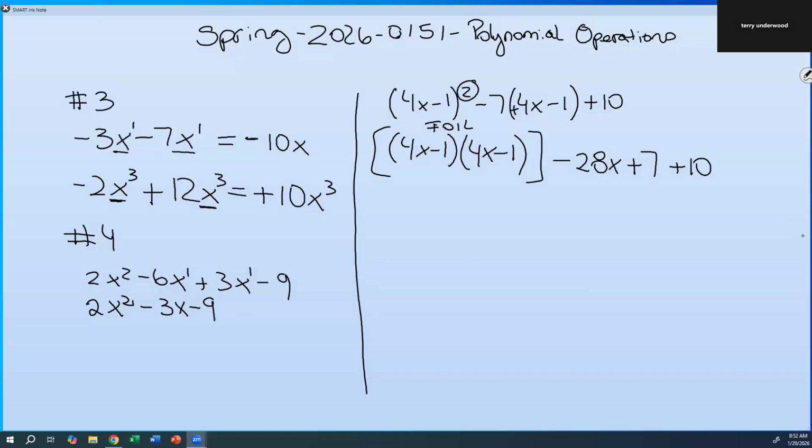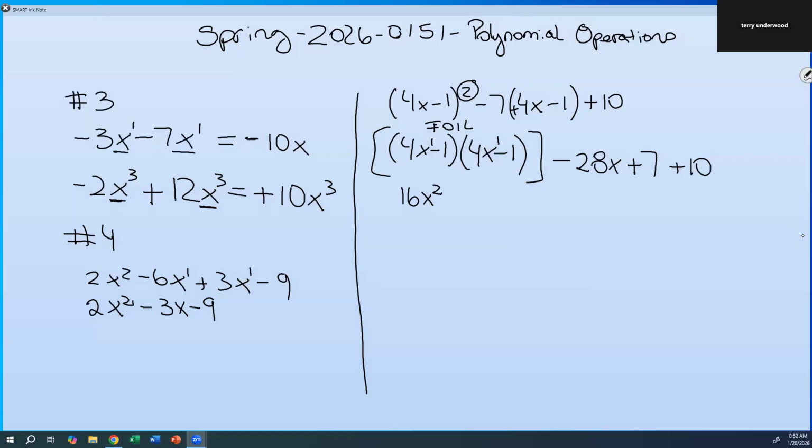So let's do that, no? 4 times 4 is 16, and then you have x. Remember, that is a default power of 1. When you multiply polynomials, you only multiply the numerical part of the coefficients, and then you add the powers of the exponents. That will be 16 and x to the second power.